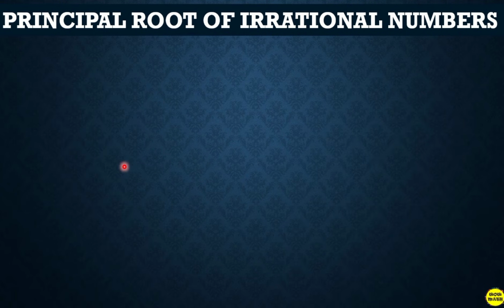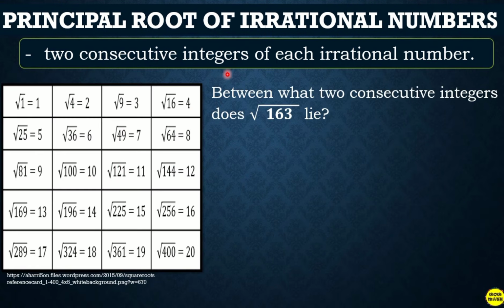Next. So, between what two consecutive integers the square root of 163 lies? Ito ang given natin. So, hanapin natin yung dalawang perfect squares na mas mababa at mas mataas naman sa kanya.